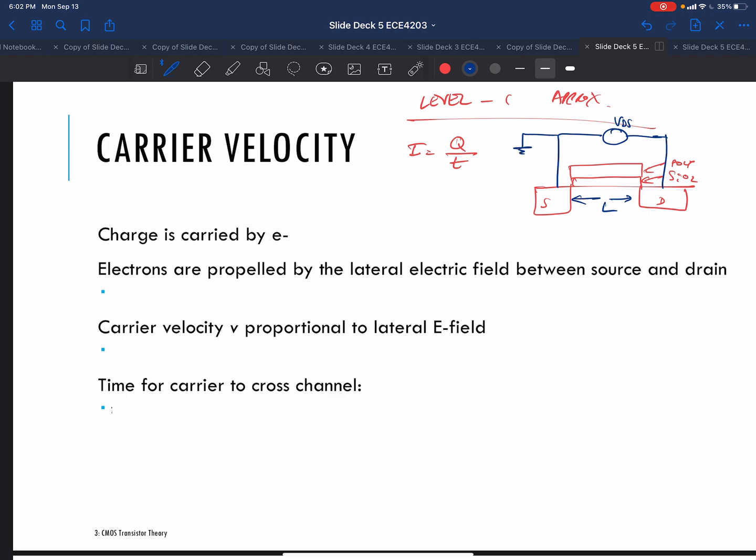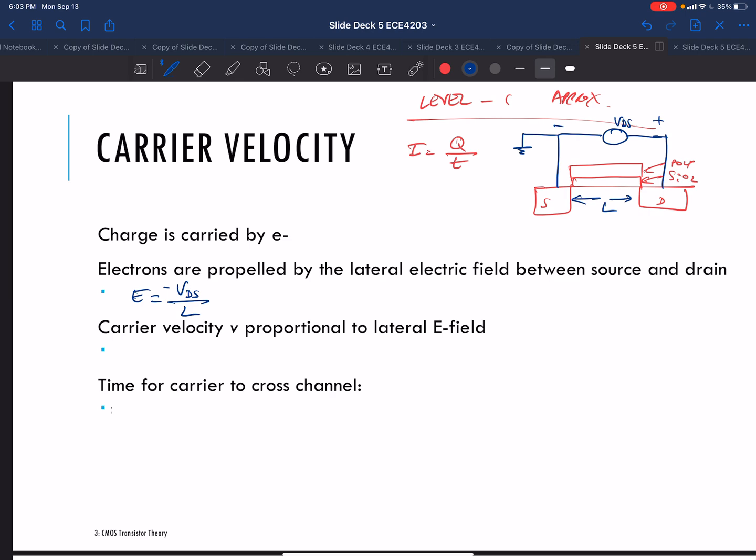And typically the source side is grounded. In this case, the definition of electric field is the drain source voltage over the length. There's a negative sign here, but it doesn't really matter for our purposes, since the negative sign just tells you which direction the electrons are moving, not how fast.